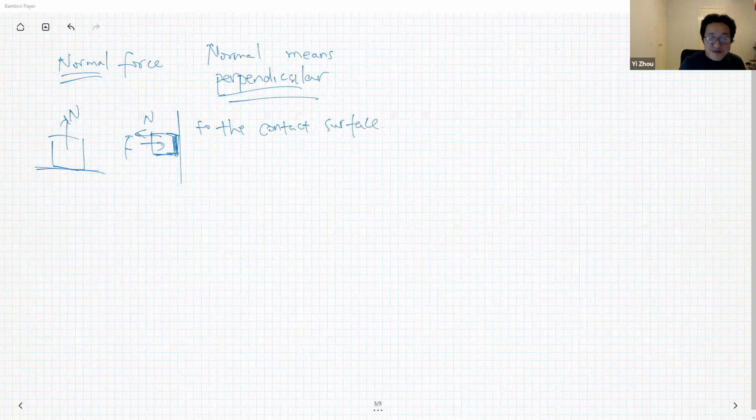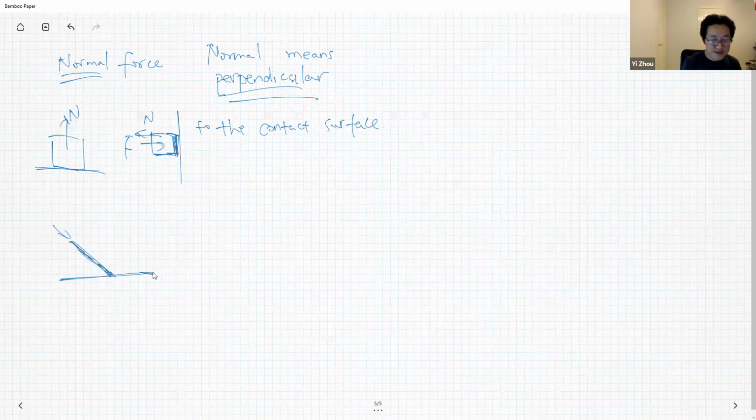But anyway, let's make a more complicated case. If this is the ground, and there's a stick, and I push the stick along the stick direction, the length of the stick, what is the normal force direction on this stick?